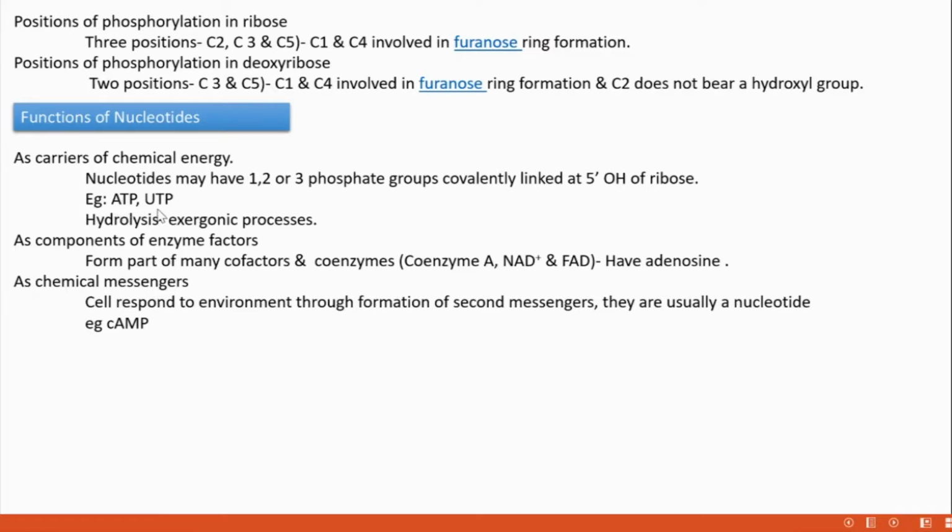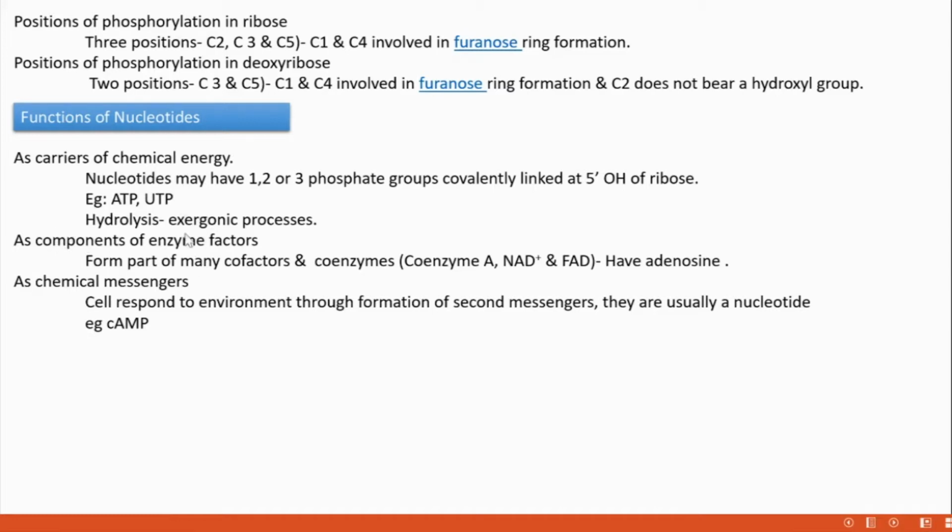Similarly UTP, uridine triphosphate. All these store a huge amount of energy. So they act as carriers of chemical energy, and hydrolysis, the breaking of each bond that holds a single phosphate group, can liberate an enormous amount of energy. That is an exergonic process.